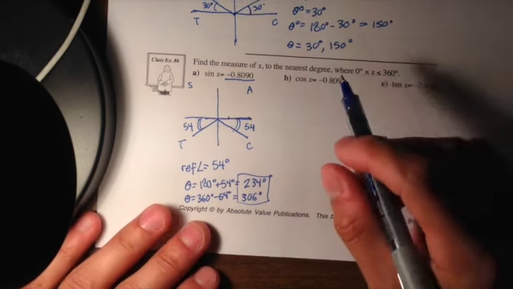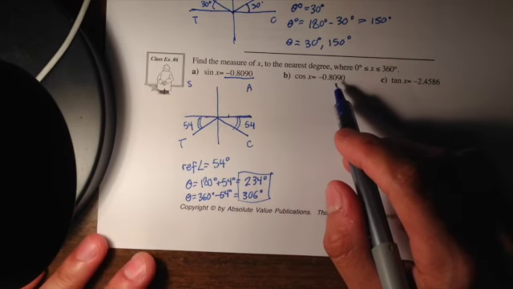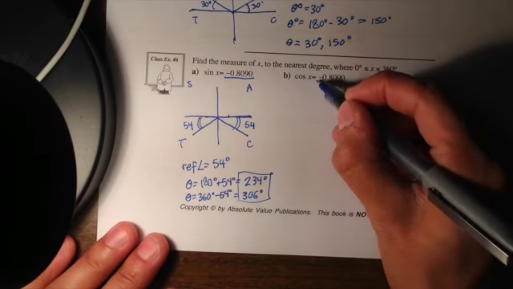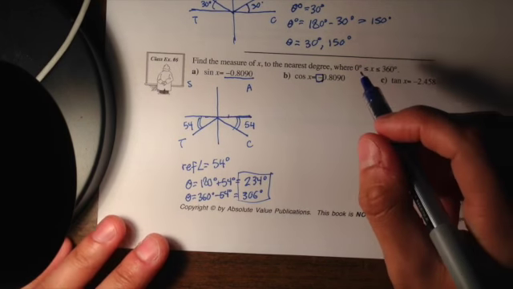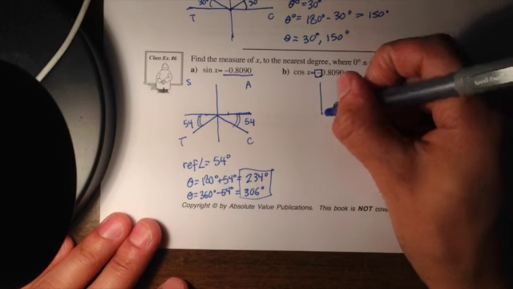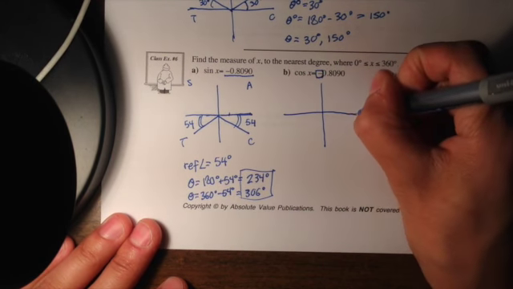So for my cosine of x equal to negative 0.8090, again, I know that my ratio is negative, and so that's going to give me an indication of which quadrants this is going to exist in.